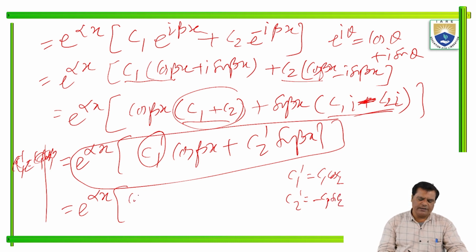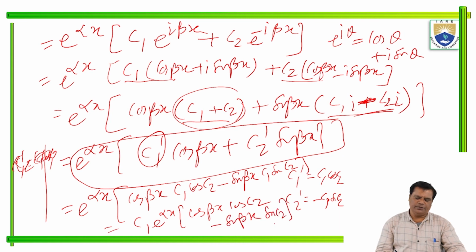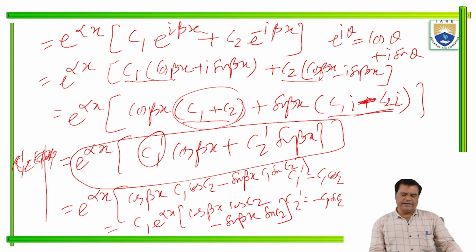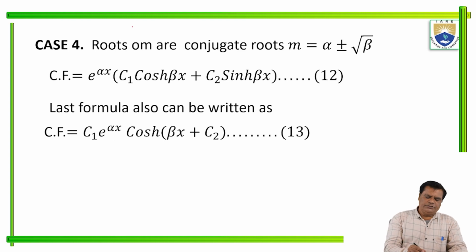Putting these values here: cos beta x and C1 cos C2, and minus sin beta x and C1 sin C2. So C1 is common: e to the power alpha x in bracket cos beta x cos C2 minus sin beta x sin C2. Okay, so cos A cos B minus sin A sin B.